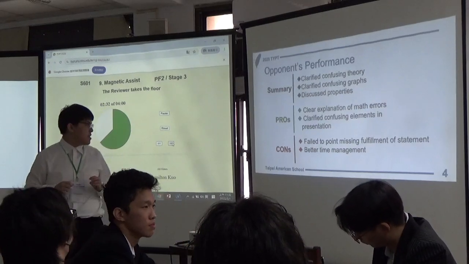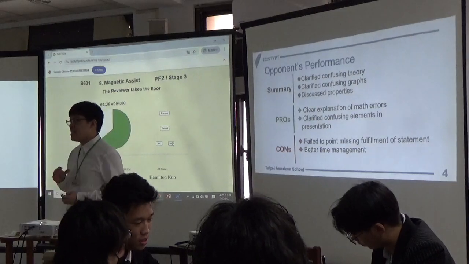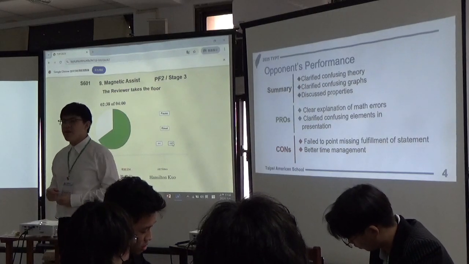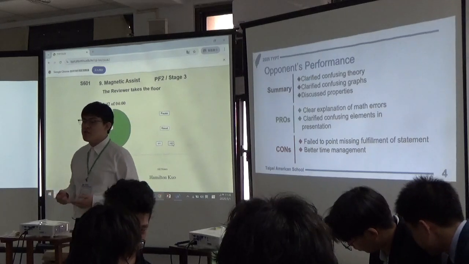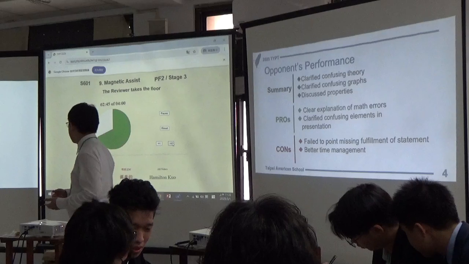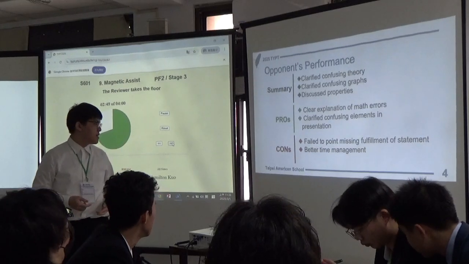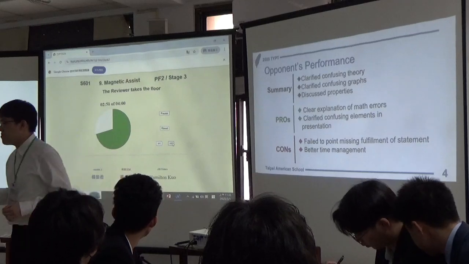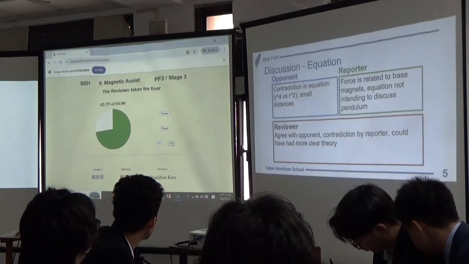However, they failed to list the large points that the reporter was unclear on, such as when they used a one-magnet system and when they used a two-magnet system, and I think that's a huge part to address. They also didn't address the missing analysis for critical values, and overall could have had better time management and focused on more egregious mistakes.